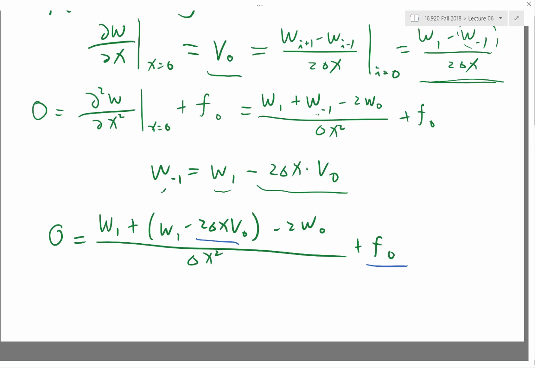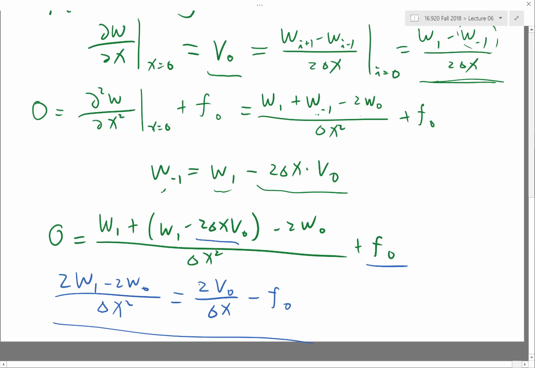So W0 now becomes an unknown as opposed to a known. And the unknowns, let's write on the left hand side, I have 2W1 minus 2W0 divided by delta x squared would be equal to, let's see, the delta x cancels, 2V0 divided by delta x, right? And minus f0. So that's my differential operator.